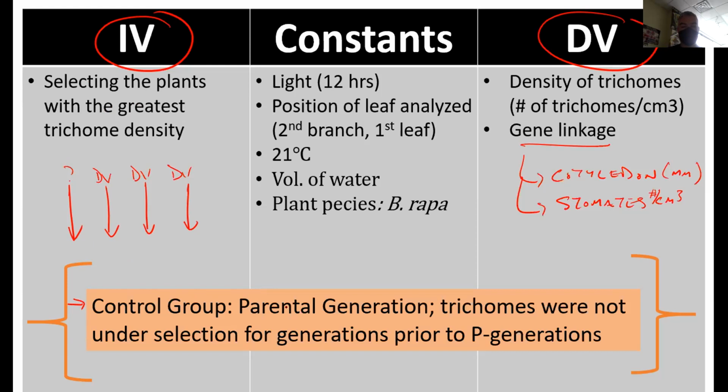So what could we put there? You could label if they were or were not selected for, depending on where in the experiment they were done. Okay, which ones were under selection? Everything after the P generation. Okay, you're right. So what could we put in those cells?